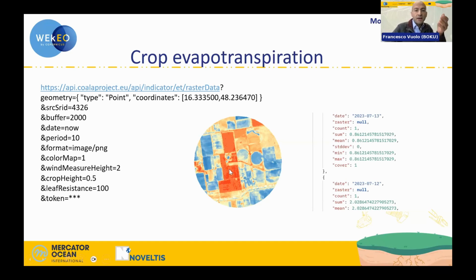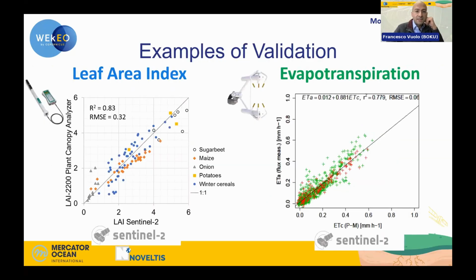Results can be an image data or a table data that you can use to do web mapping or to serve other services such as yield estimation. Going back to the question of data and quality and validation, those are two examples of how we validate leaf area index through instruments at the ground. This has been work across the last 20 years.